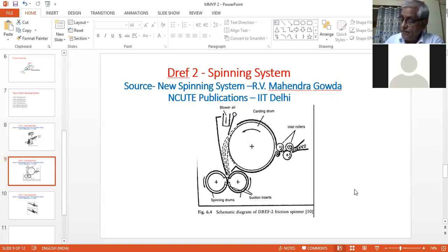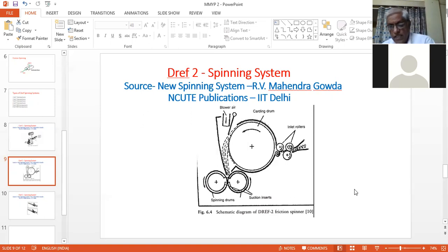And what are the plus points and negative points of this DREF 2 spinning system? Due to slippage between the yarn and the drum, the whole of the twist is not actually transferred to the yarn.